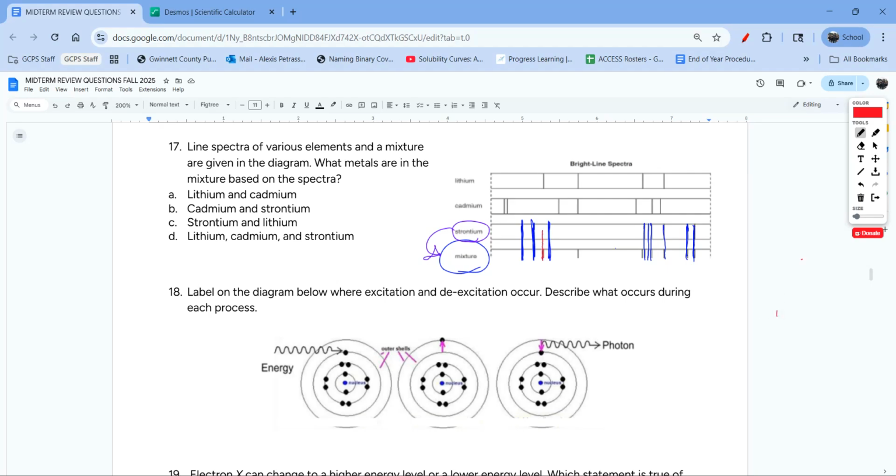So I'm going to draw this till I hit, oh look, lithium. It goes through cadmium and lithium, so let's finish this off. Do you see how there's some extra lines with cadmium? Oh, that even matches. Okay.